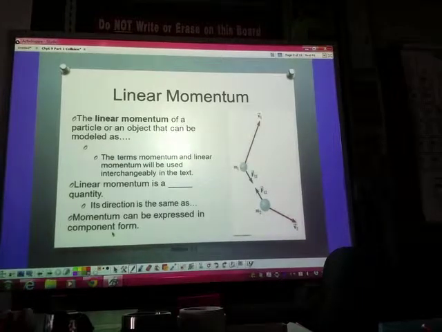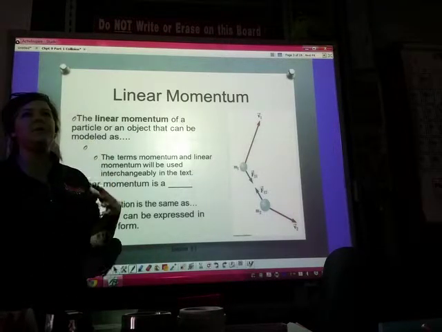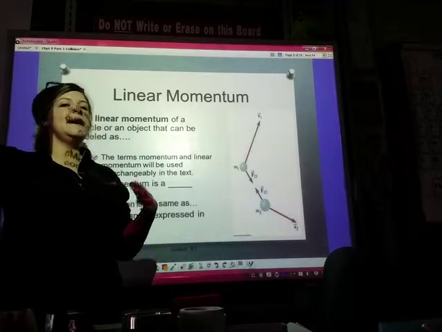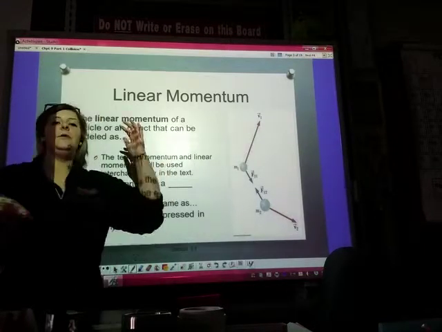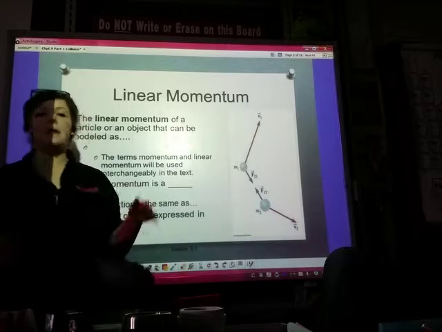Okay, so before we get into the types of collisions, let's define what linear momentum is, and then we can also talk about how that relates with Newton's second law. Because I keep telling you that when Newton worked on his second law, everybody thinks that he did it because the apple fell on his head and he thought about how the apple was gravitationally attracted to the earth.